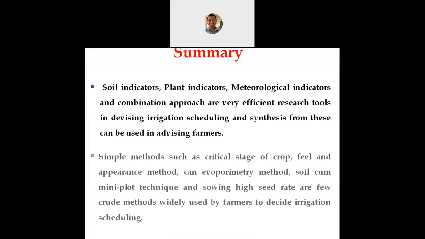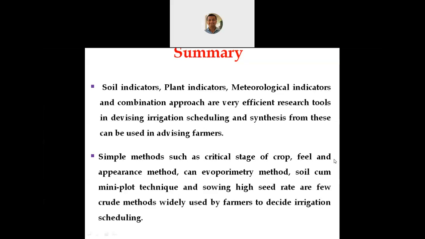So at last, we can summarize that soil indicators, plant indicators as well as climatological indicators, a combination of these, are very efficient research tools for devising irrigation scheduling and also providing advisories to the farmers.